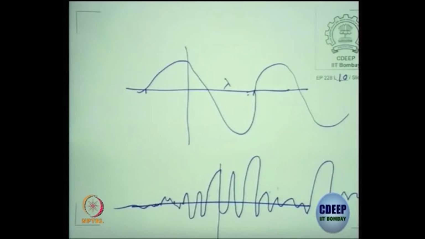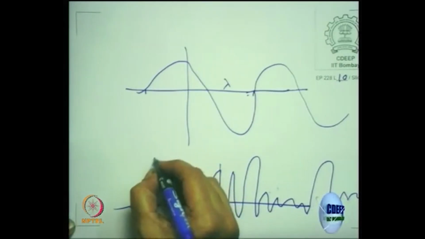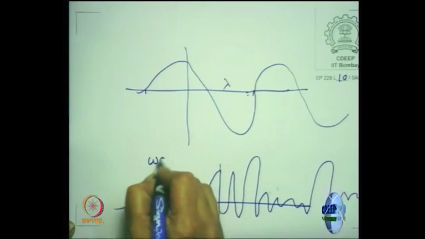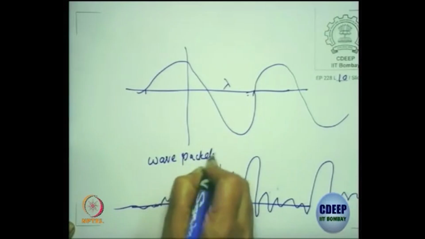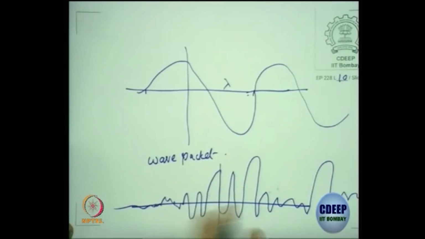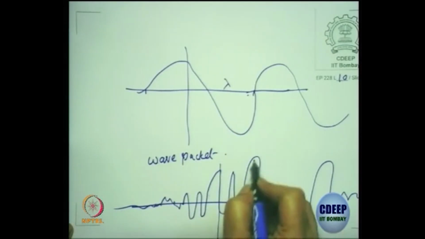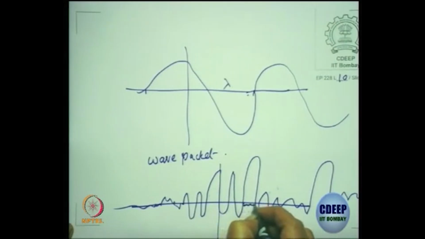This is what we call a superposition of all possible de Broglie waves, which will give you a wave packet. Suppose it damps down everywhere and there are peaks only in this region.